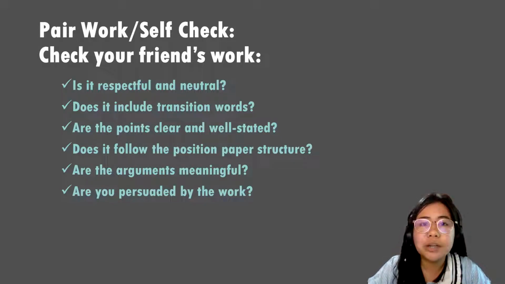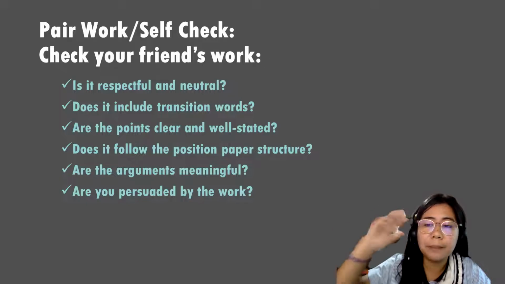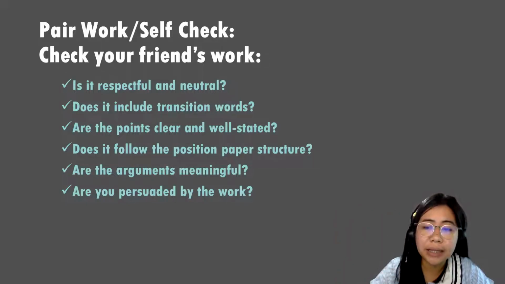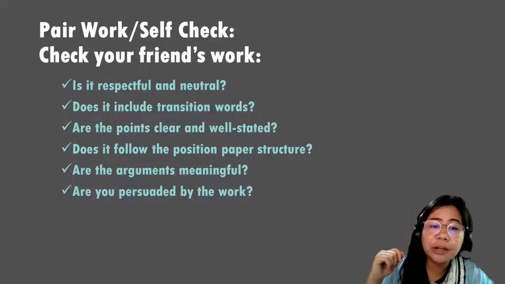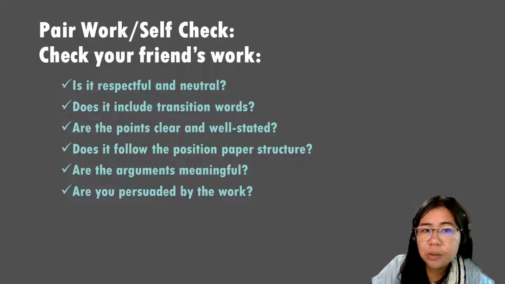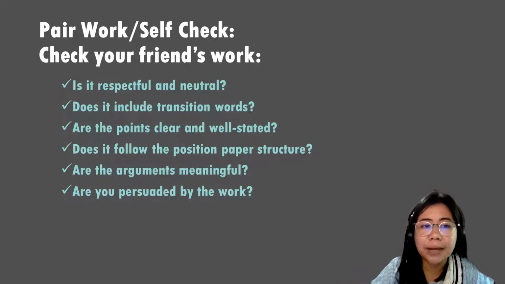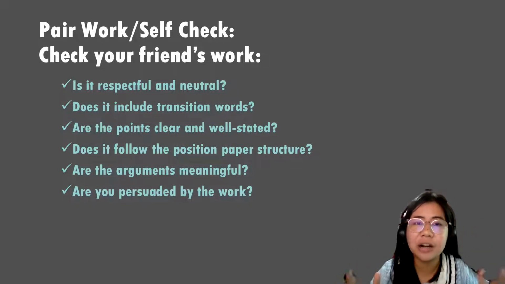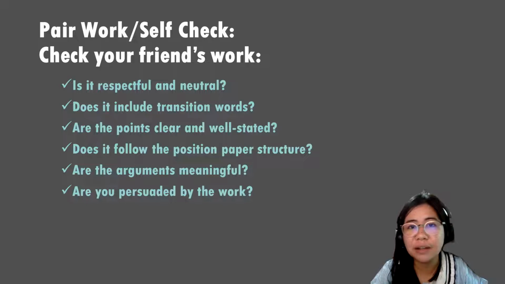Does it follow the position paper structure, my topic info, and then your stand, and then the solution provided for the conflict? Are the arguments meaningful, and are you persuaded by the work? If you cannot find a pair, you may also self-check. You check your own paper, after you have the final draft, you have to ask, is it respectful and neutral? Does it include transition words?